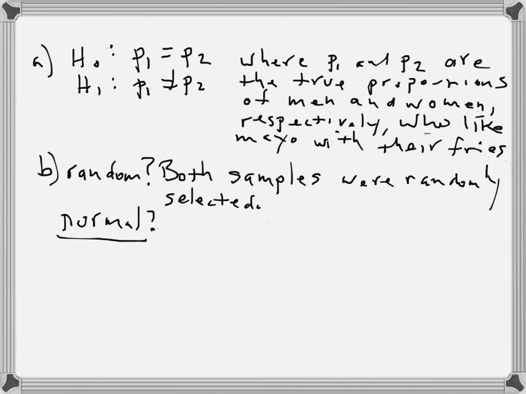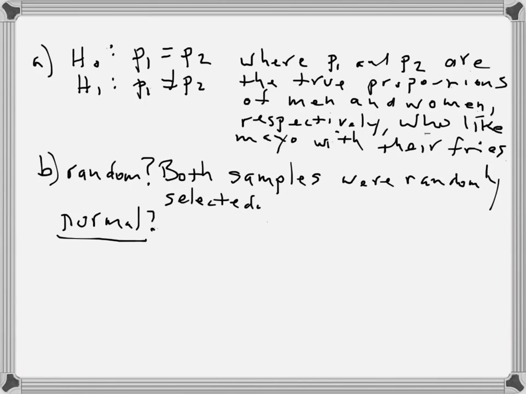This is proportions. If I'm asking one person, I'm not writing a number like their GPA. Your GPA is 3.8. No, I'm writing down either a yes or no. Your mayo with your French fries, yes or no? Yes. You? No. So the sample size being over 30 doesn't work for this. That's the central limit theorem.